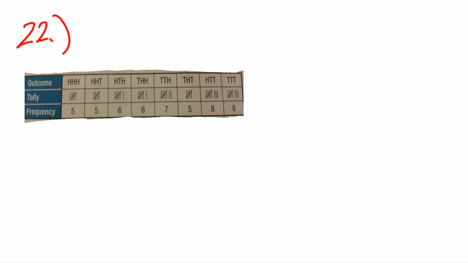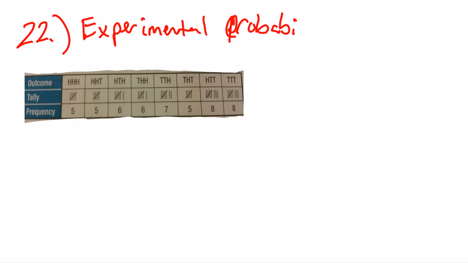All right, so number 22 is going to use this chart right here. Remember, it says experimental. That's the big key. So experimental probability, which means you have to use the chart. It says the probability that at least 2 of the 3 coins will be heads.